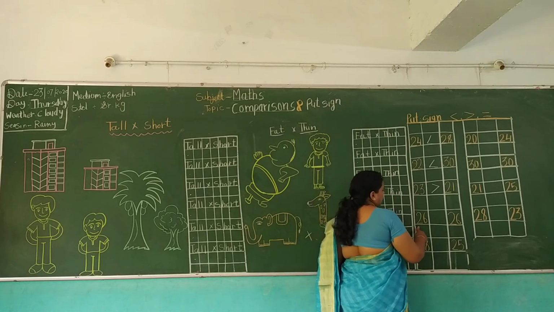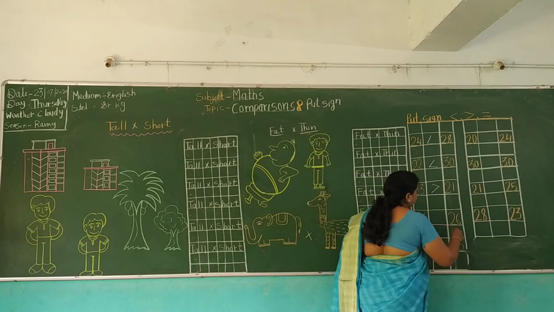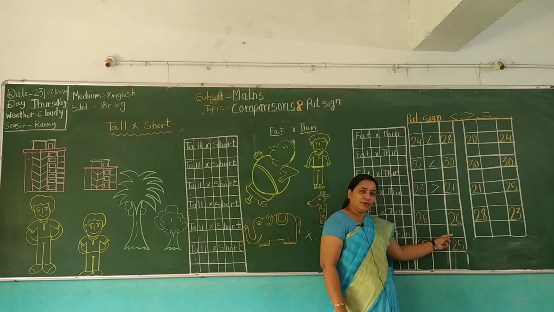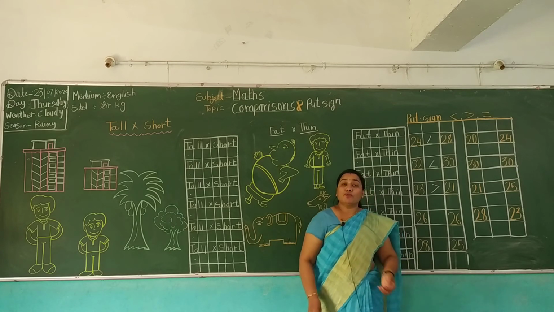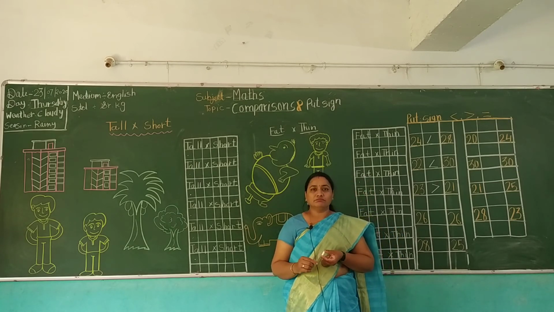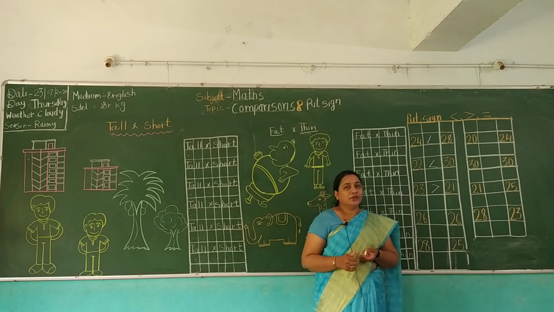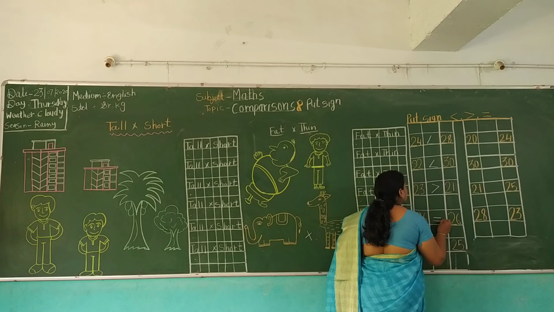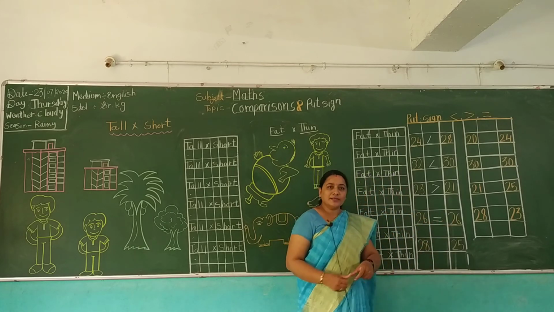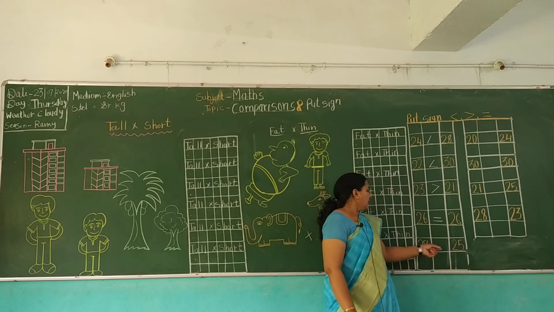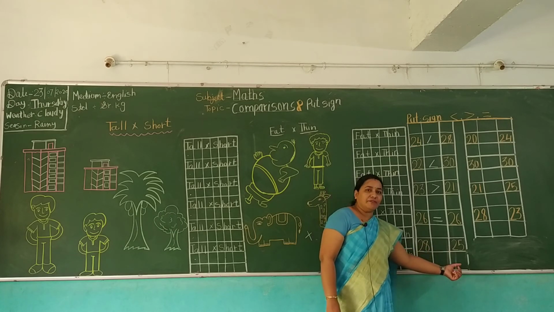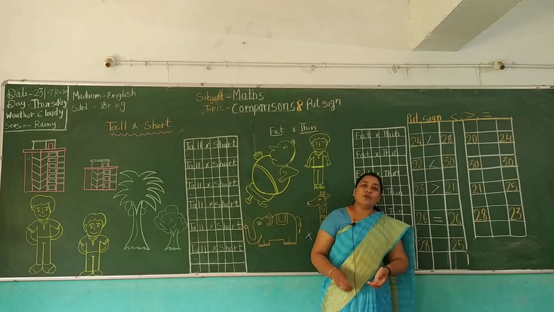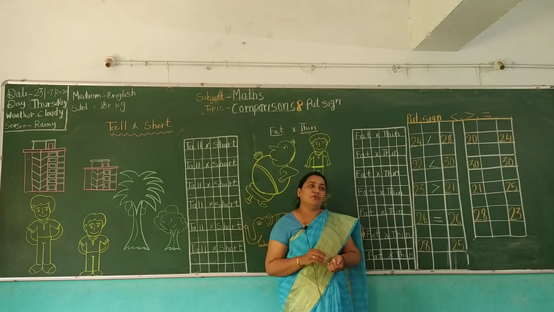Now there is 26 and 26, both the same number. So do we put greater than? No. Less than? No. Equal sign. We put equal sign because both numbers are the same. Then 28 and 25. Which number is bigger? 28.